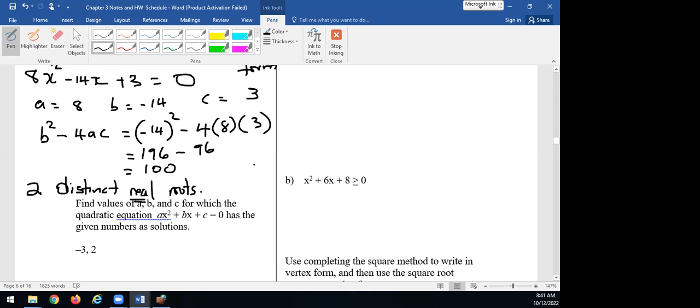Now, when you do your homework, you'll come across some others where just remember that whatever the discriminant value is, that will tell you the nature of the roots. So if you had gotten 0, you know that you'd have 2 identical or 2 equal real roots. If you had gotten a negative value, you would have two imaginary roots. Does that make sense?